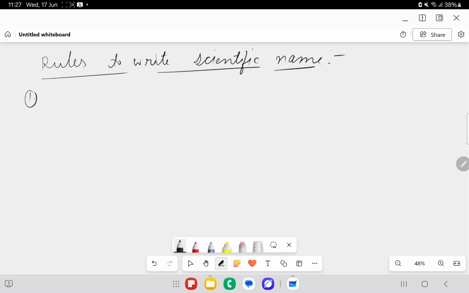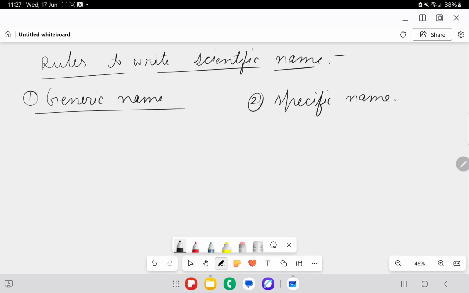The first component in a scientific name is the generic name, and the second part is the specific name. Generic name means that it is related to the genus, and the specific name is related to the species.